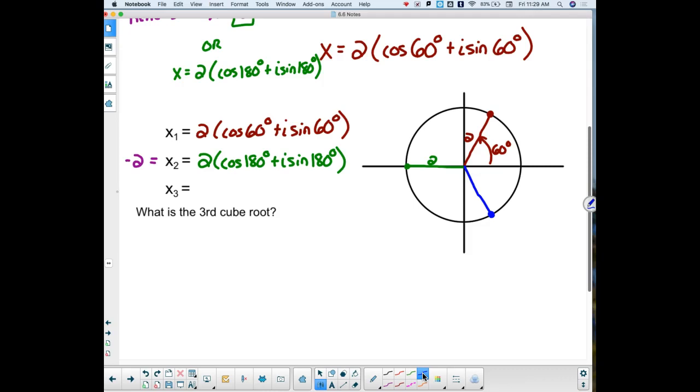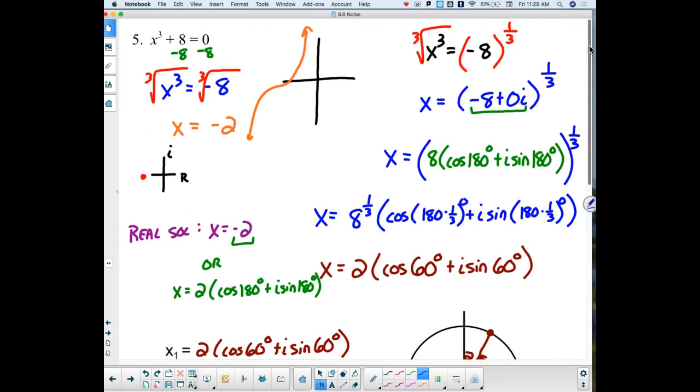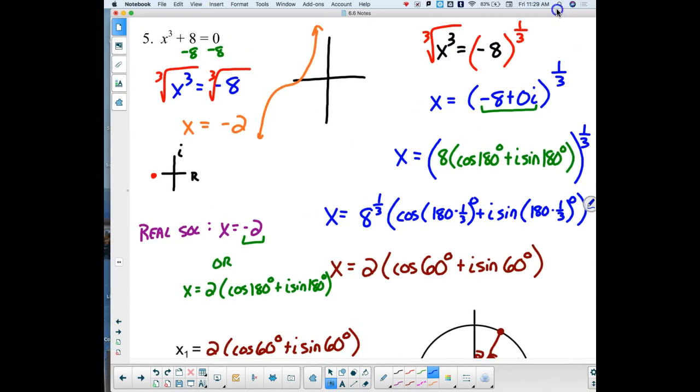What root did I take for this problem? The third root, right? Way back up here, we took the third root. It's in red twice.